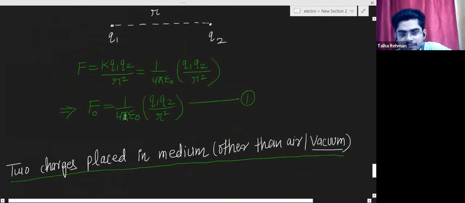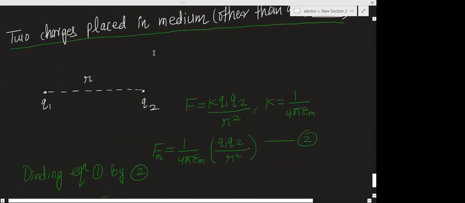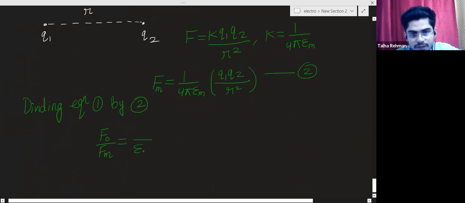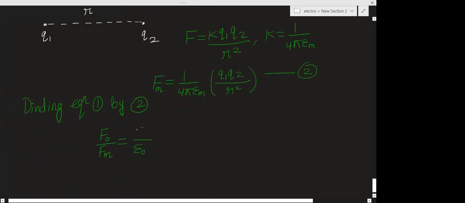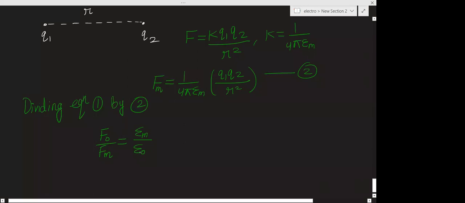Epsilon naught will be in the denominator and epsilon naught M in the numerator.